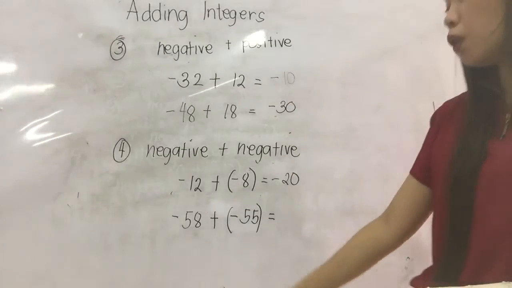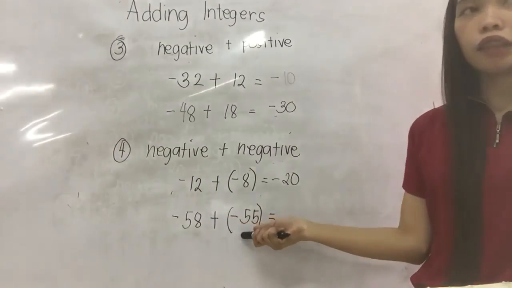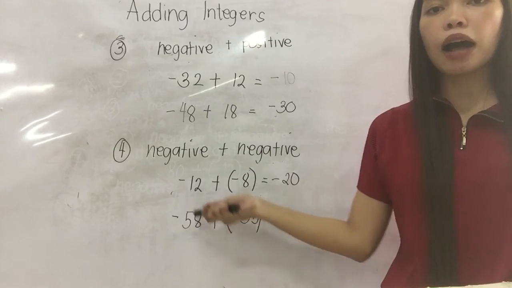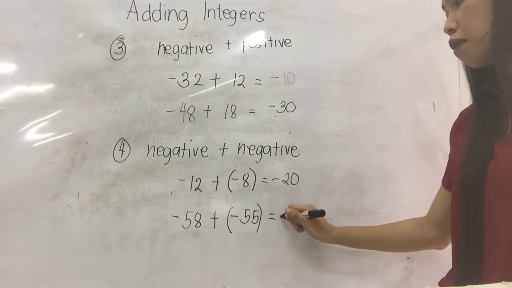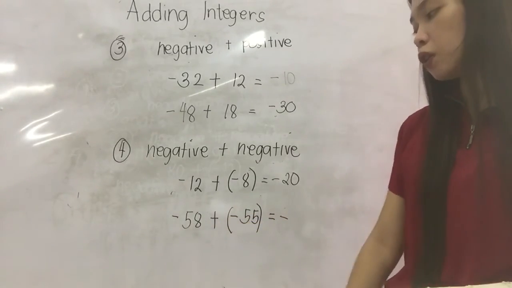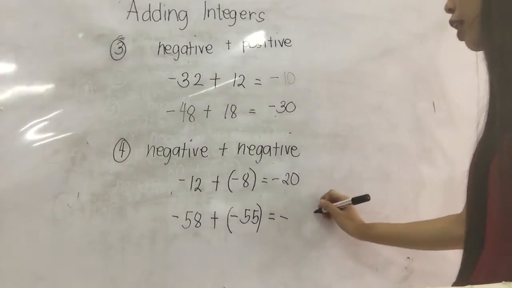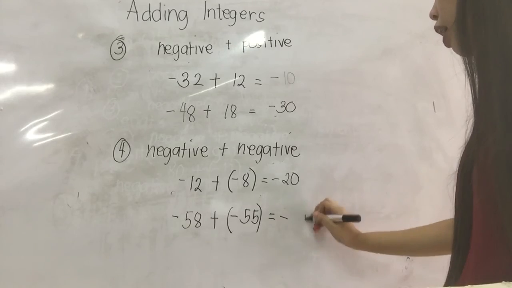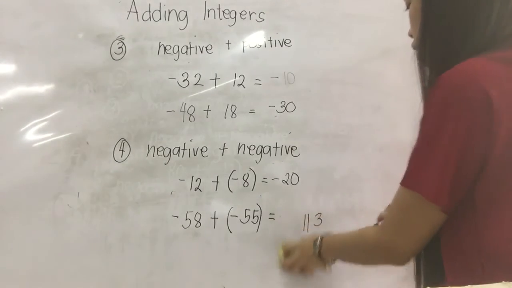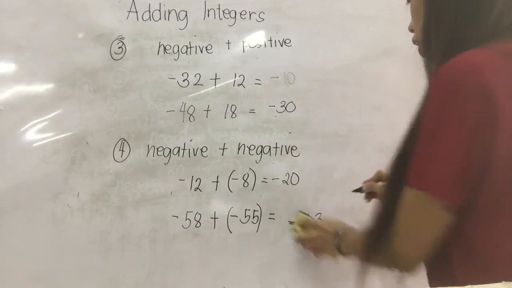Again, if you have both negative integers, all you have to do is copy the common sign, negative, and then proceed to addition. You add 58 and 55. So the answer is 113. So the answer is negative 113.